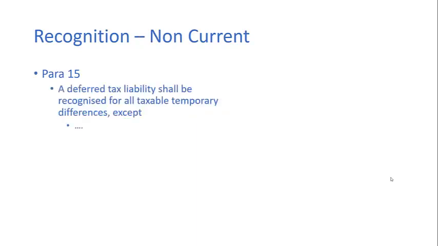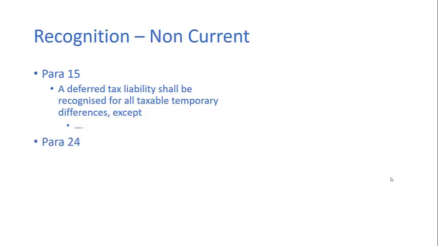With respect to non-current tax obligations, this is addressed in paragraph 12, where it tells us that a deferred tax liability should be recognised for all taxable temporary differences, with some exceptions. And these taxable temporary differences are where you've been able to delay the payment of tax.